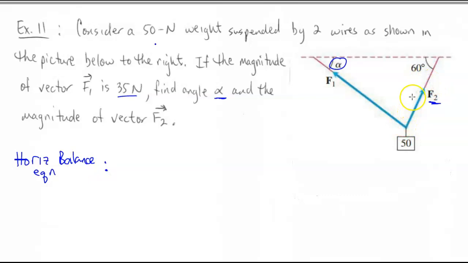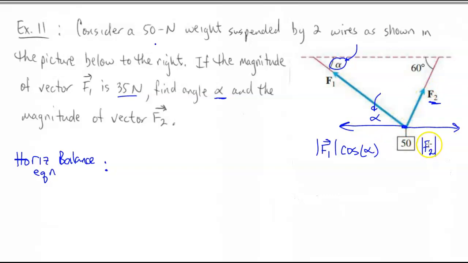So here, if I'm looking at this, I got forces going in a positive and negative x direction. So I know that in the negative x direction here, I have the force of magnitude of F1 cosine of whatever alpha is, because again, these are alternate interior angles. On the other side, I have magnitude of force F2, and this will be cosine of 60.